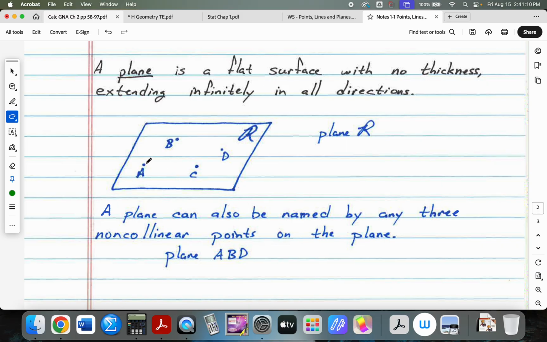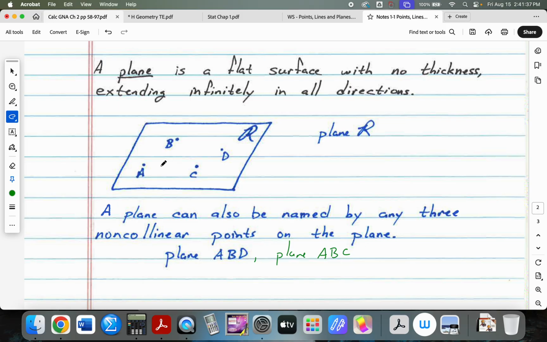So for example, A, B, and D, you can name the plane that. I could also name it plane, how about A, B, and C? Is that okay? Can I name that plane ABC? Yeah, because A, B, and C are non-collinear points.